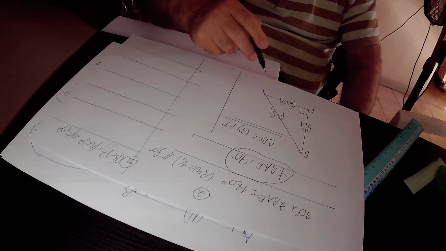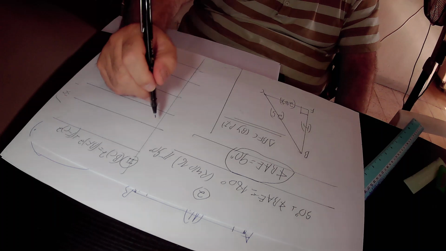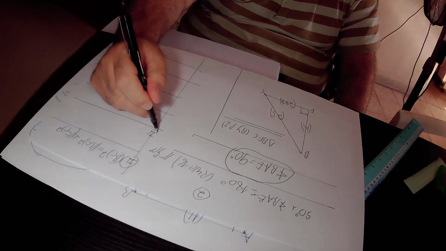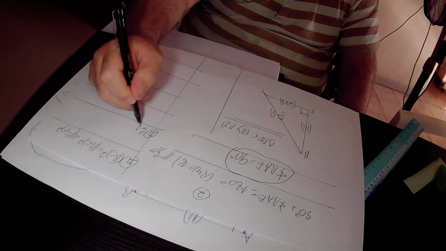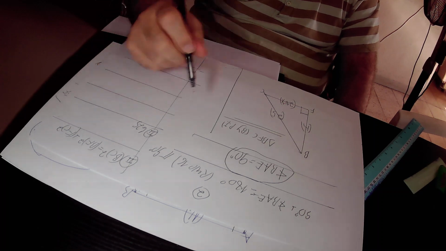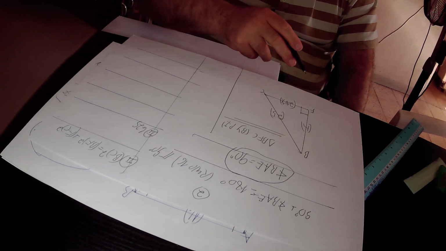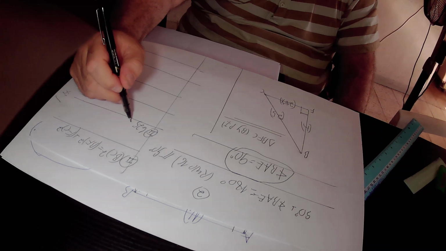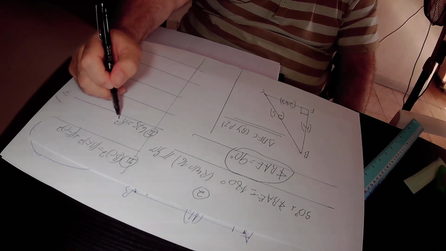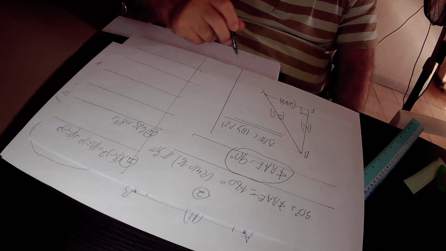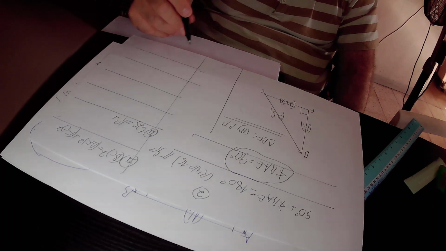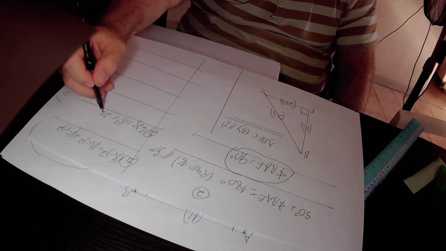The hypotenuse BC is 25, therefore BC squared is 25 squared, that is 625. And it is equal to BF squared. BF is 8, therefore BF squared is 8 squared plus FC squared. FC is 28 minus x, therefore FC squared is (28 minus x) squared.